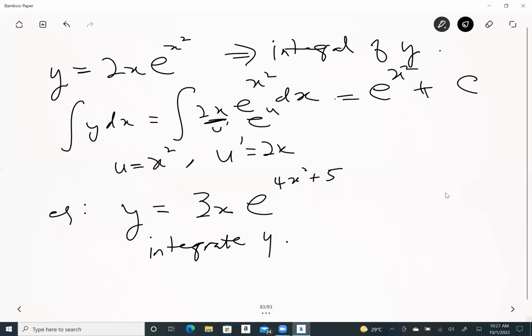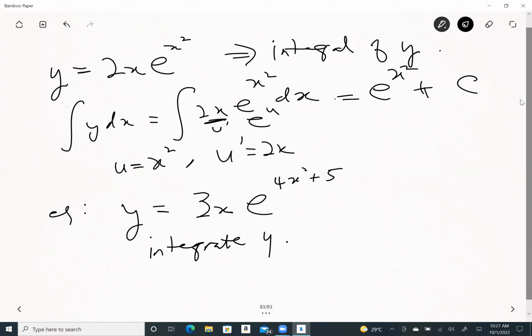Now, what is u prime? If you let u be equal to 4x squared plus 5, what is u prime? Not just 8.